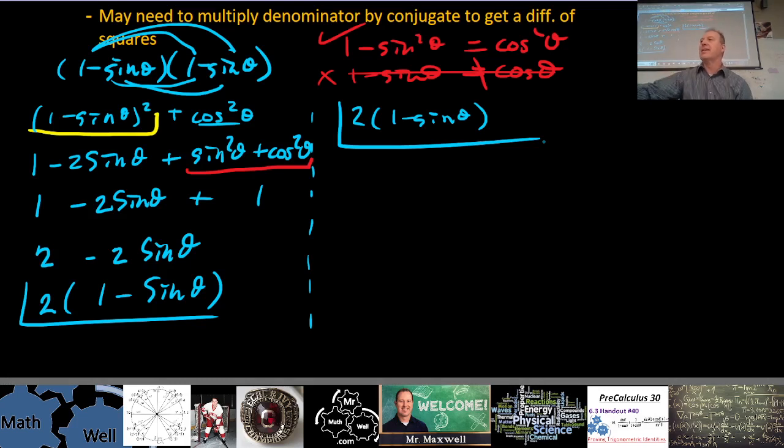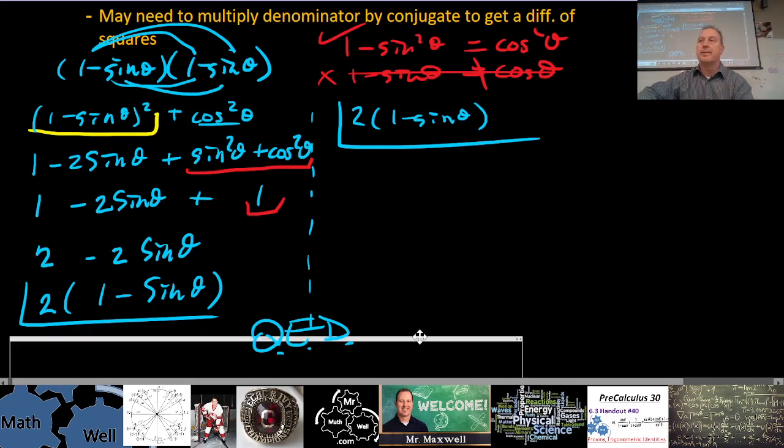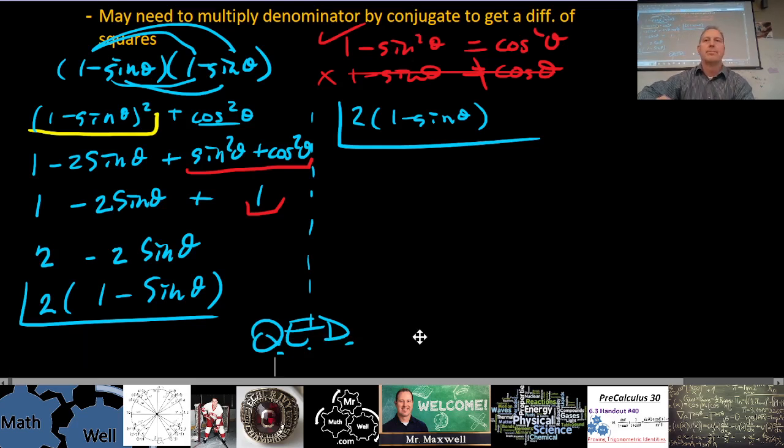Because that's an identity. That was our first, our Pythagorean identity: sine squared plus cos squared equals 1. Okay, we're not done yet. So I've highlighted here that the left side equals the right side. So Sir Isaac Newton would be really happy if you put QED there at the end. Okay?